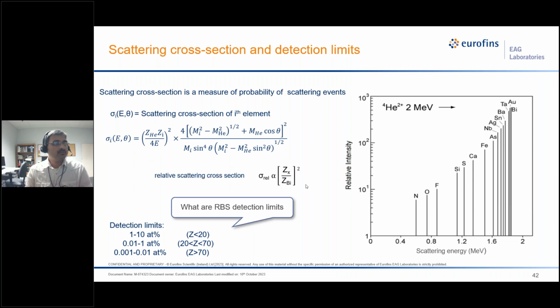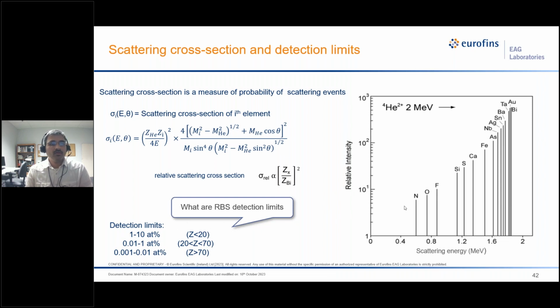Here is the relative cross section of several elements with respect to bismuth, the heaviest element. You see the relative intensity of scattering, or scattering cross section, is low for low Z elements, and it goes higher along with the mass of the element. So the detection limit depends on the scattering cross section.